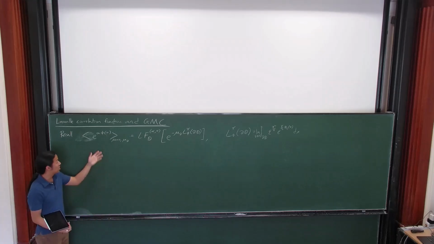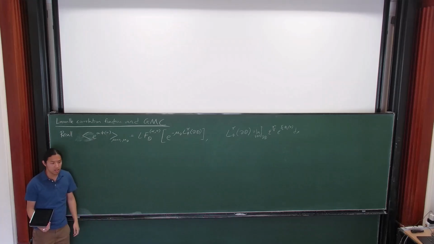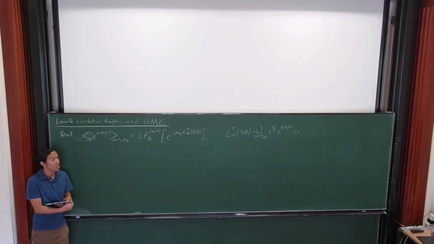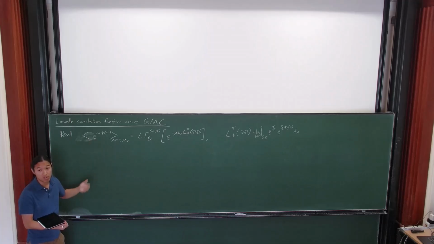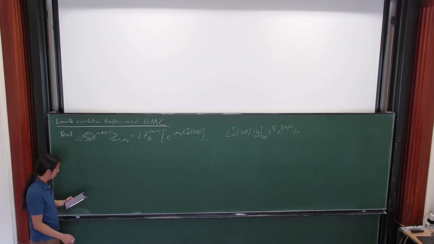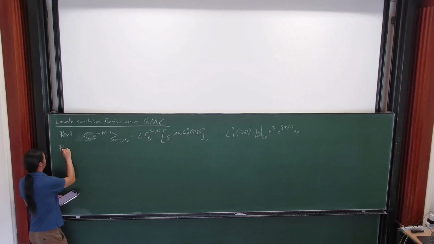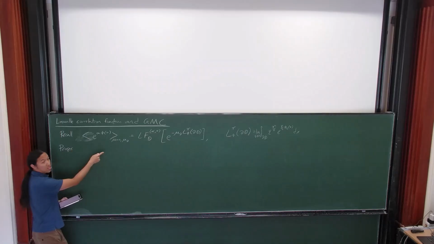So in this setting, and also in the setting of the works of Antti and others, these correlation functions are simply moments of Gaussian multiplicative chaoses. Are there any questions about this definition?